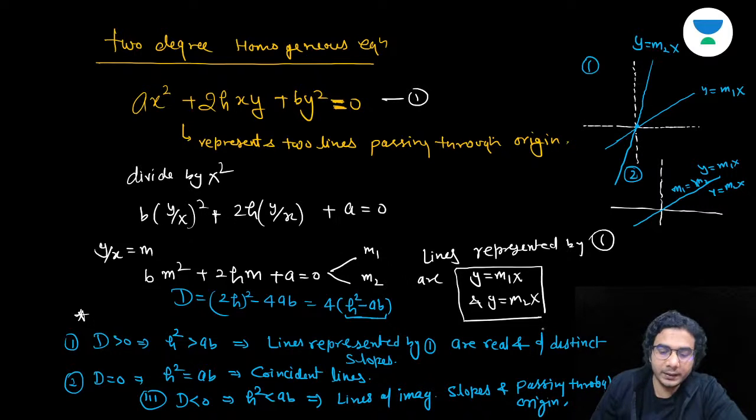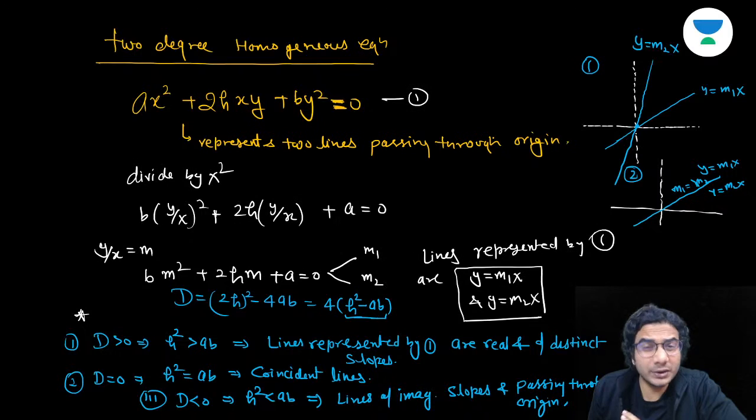Because 0, 0 will anyway satisfy y is equal to mx, whether m is real or imaginary. So lines will pass through 0, 0, but imaginary slopes, direction is not defined. So no other real point will satisfy that equation y is equal to mx.